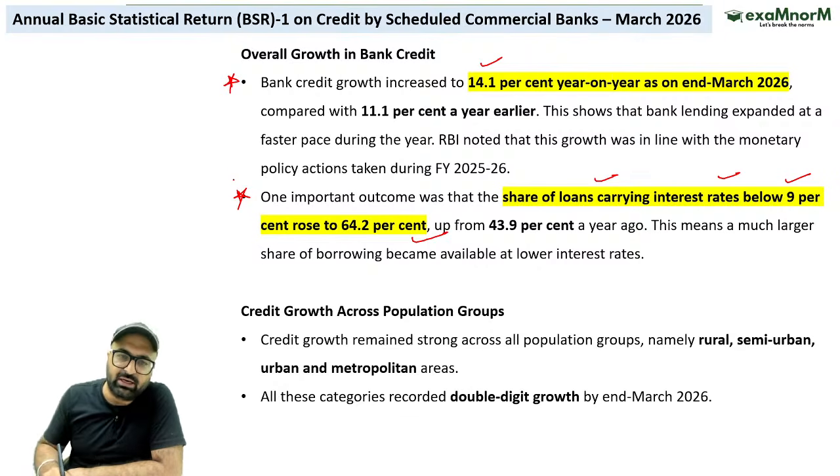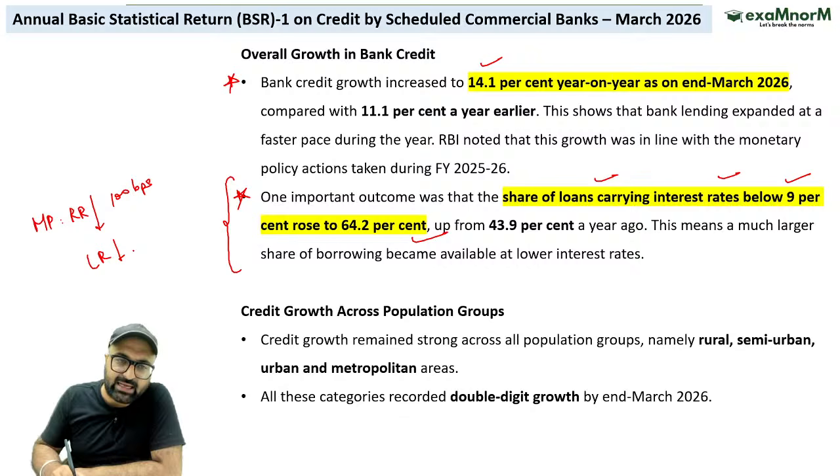How is it possible? So it is possible because of the obvious reason. RBI has revised its monetary policy. Repo rate has been decreased by 100 basis points, because of which banks' lending rate has decreased.